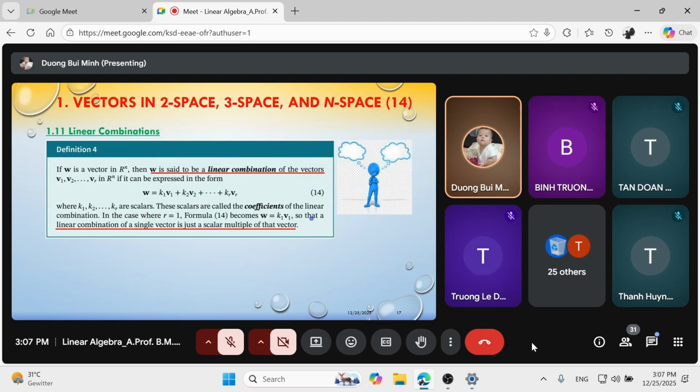So now linear combination. We know linear combination, right? This is the linear combination of vectors.